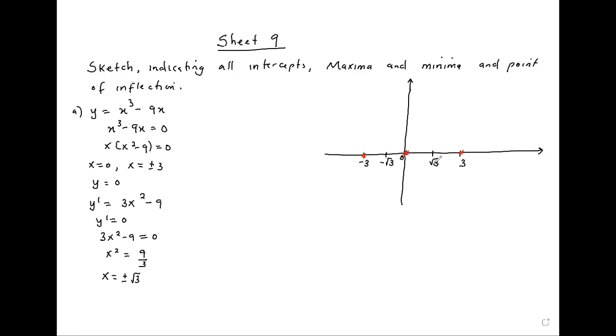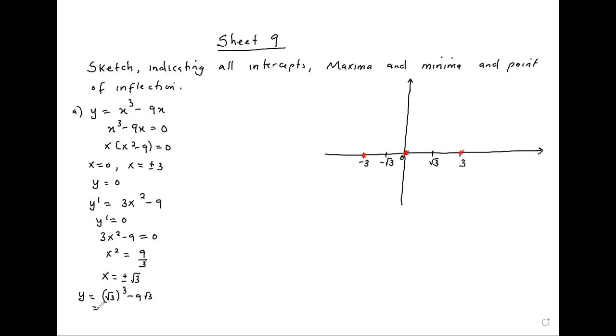What nature? Now we only have the x coordinates. A point has x and y coordinates. So we take these x values into the original function. What is y when x is positive root 3? We have root 3 to the power 3 minus 9 root 3.